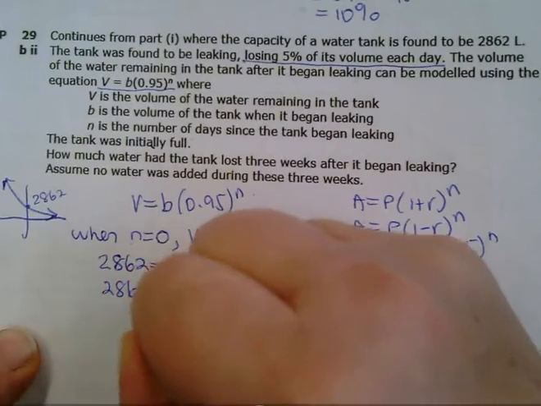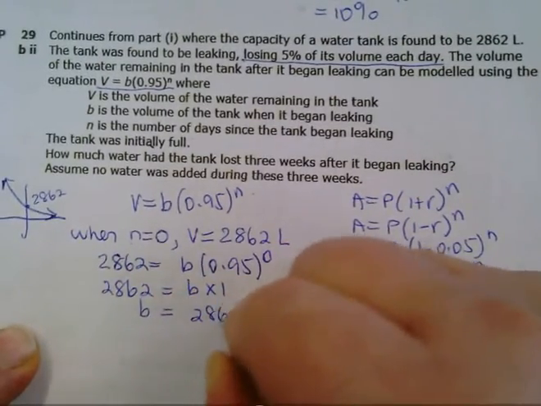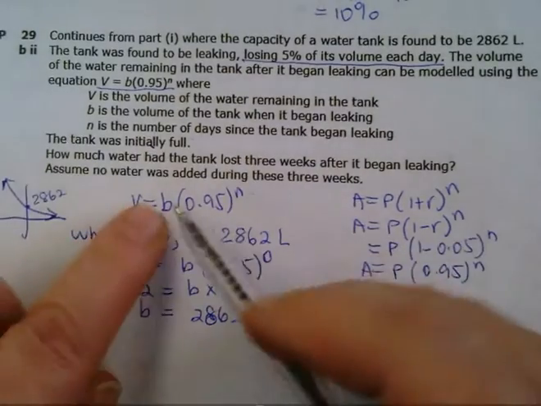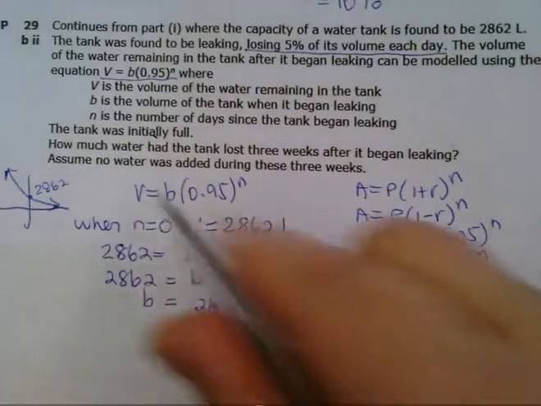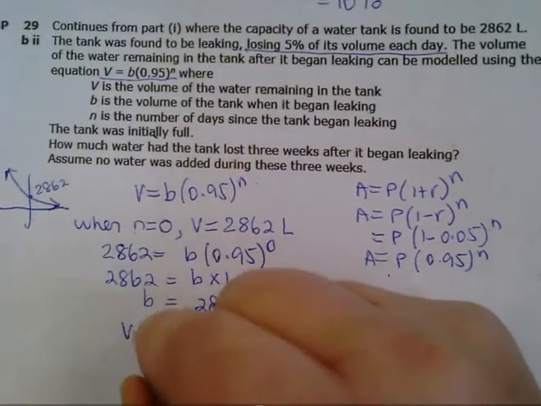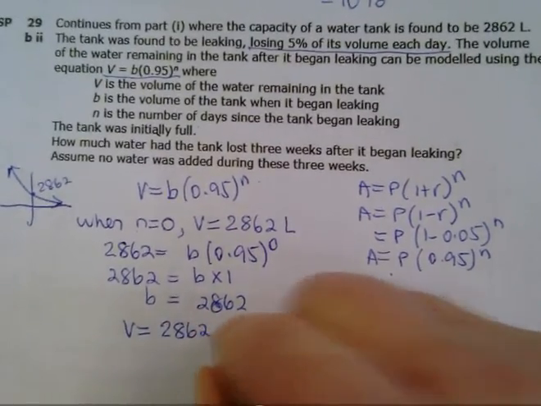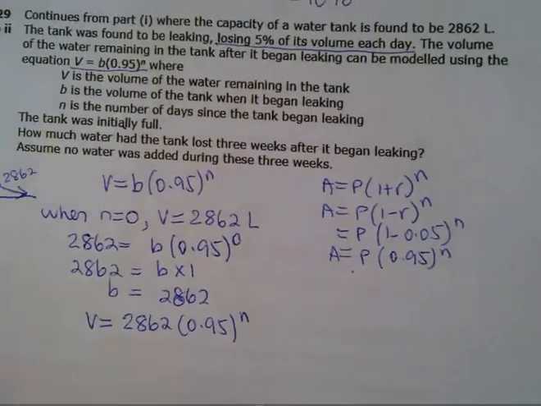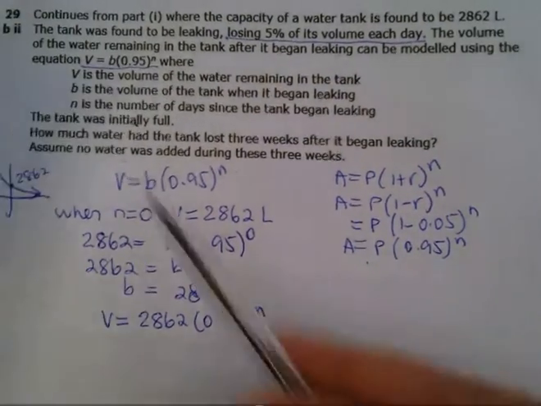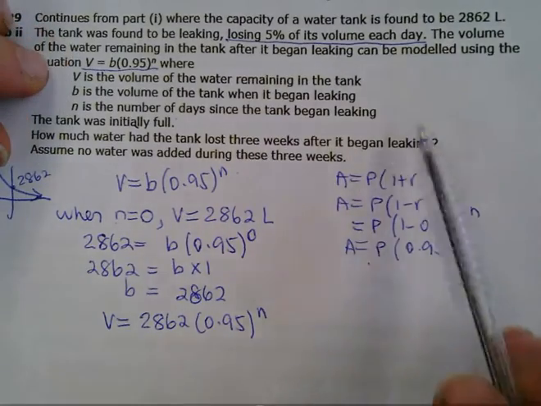Anything to the power of 0 is 1, so we can see that B is 2862. This value of B out the front is always your initial conditions, your volume initially. So now we can update our formula to be V equals 2862 times 0.95 to the power of n.